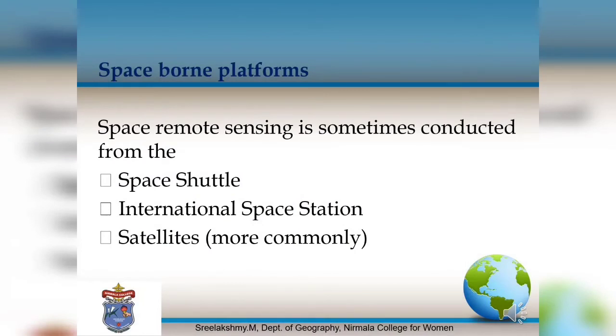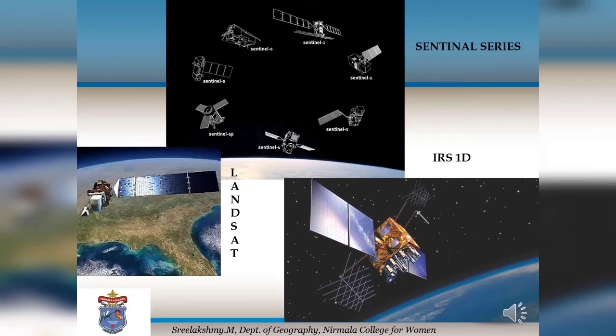Spaceborne remote sensing is sometimes conducted from the Space Shuttle, International Space Station, and most commonly with the help of satellites.